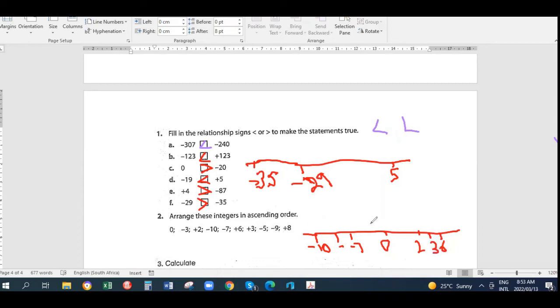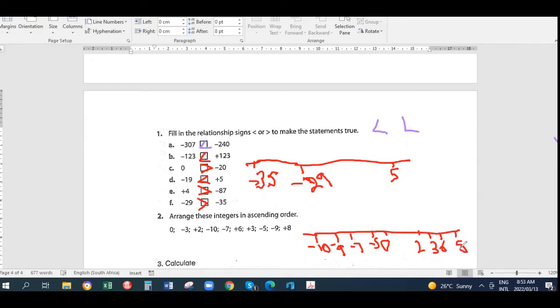Then we have a negative 5, which is between 0 and negative 7. Then we have a negative 9, so I can put the negative 9 on this side because we're going to go 7, obviously 8, 9, 10. Then we have a positive 8, which is on this side.